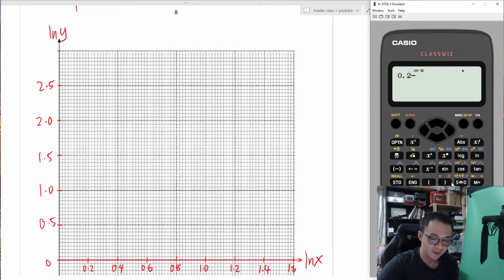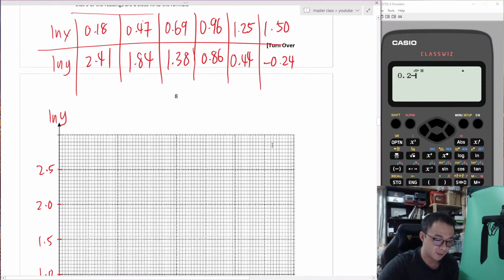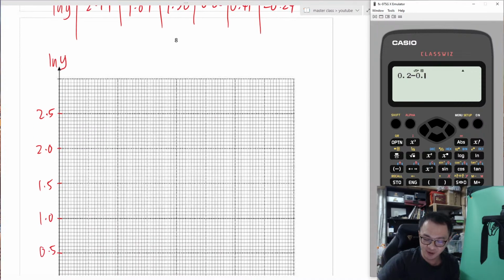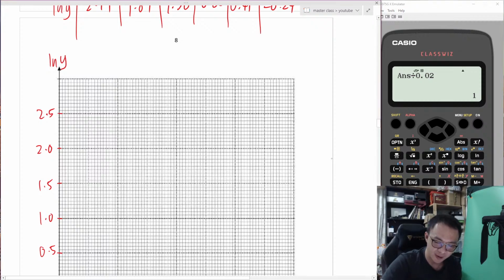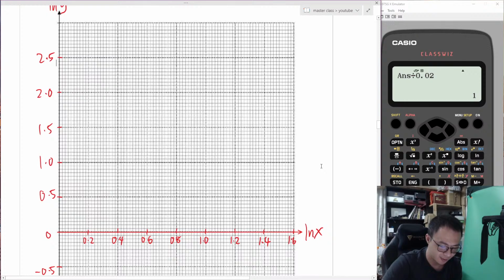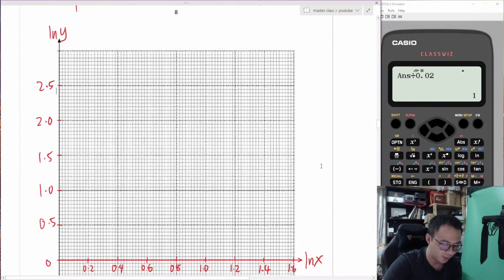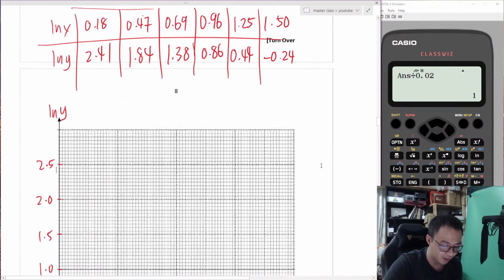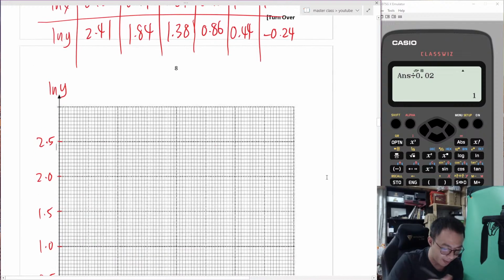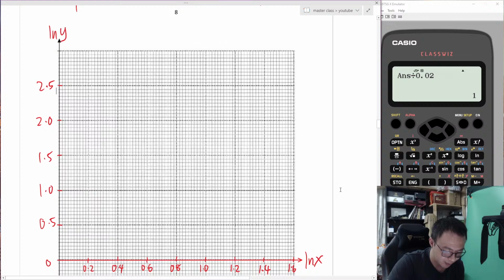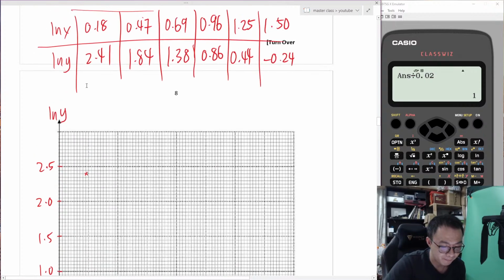Each of it is 0.02 each. Okay, good. Okay, 2.41 is somewhere here.